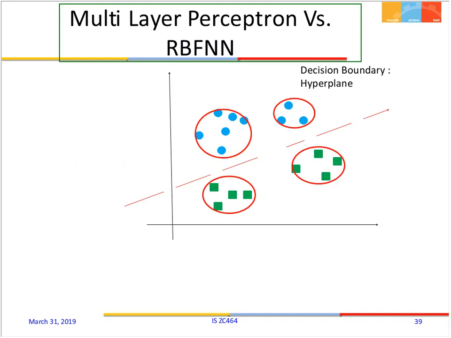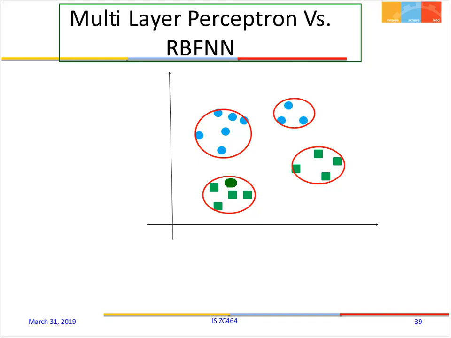And if the decision boundary is from a radial basis function neural network, it will capture these subclusters, and then any data which comes as the testing data would be seen for its belongingness in one of these clusters, and then the corresponding class will be assigned to that. Okay, so these are called decision boundaries which are hyperspheres.